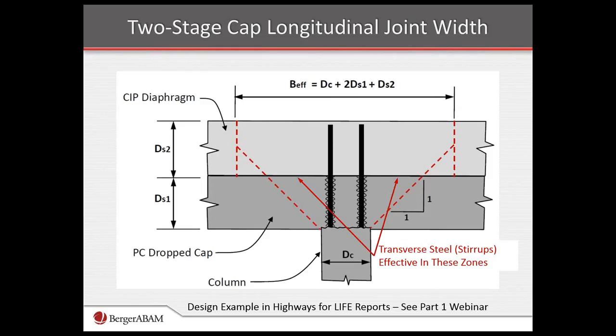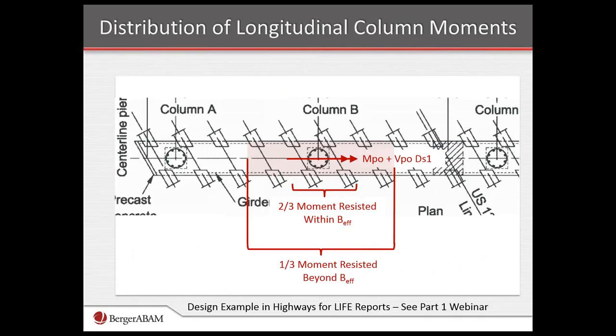Looking down on the same connection, even with the skew, you see that B sub F is in the center, has two girders in this particular case that it captures, and so 2/3 of that moment is assumed to be resisted within that effective width, and then the other 1/3 of the moment is resisted beyond in the adjacent two girders.